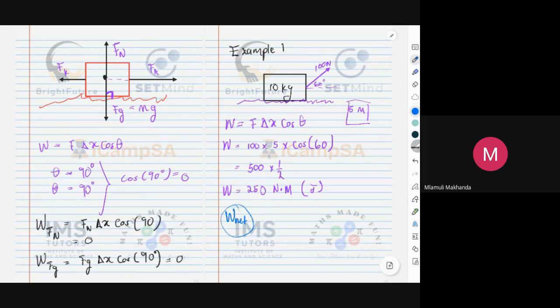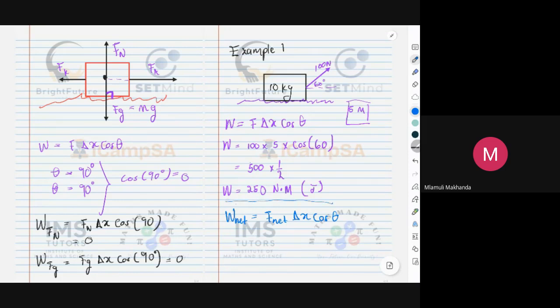If they want net work, you would have something like F net times displacement times cos theta, because the displacement would still be the same for every force that is acting on this box here.